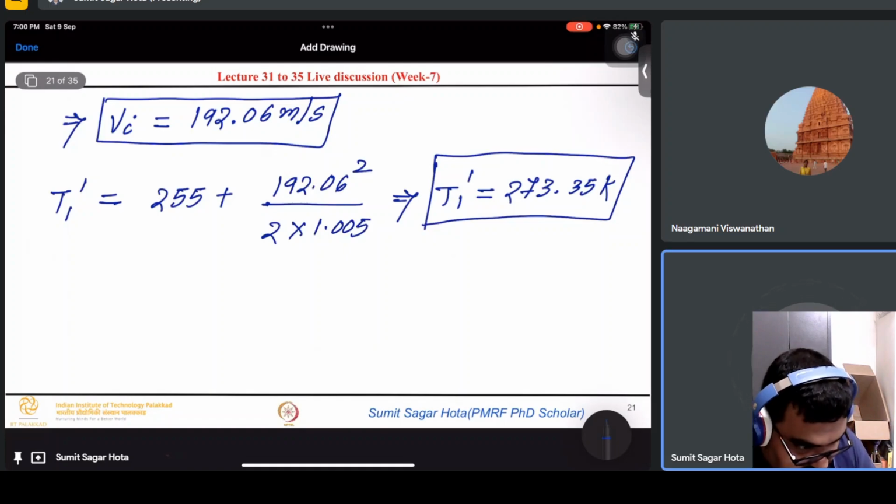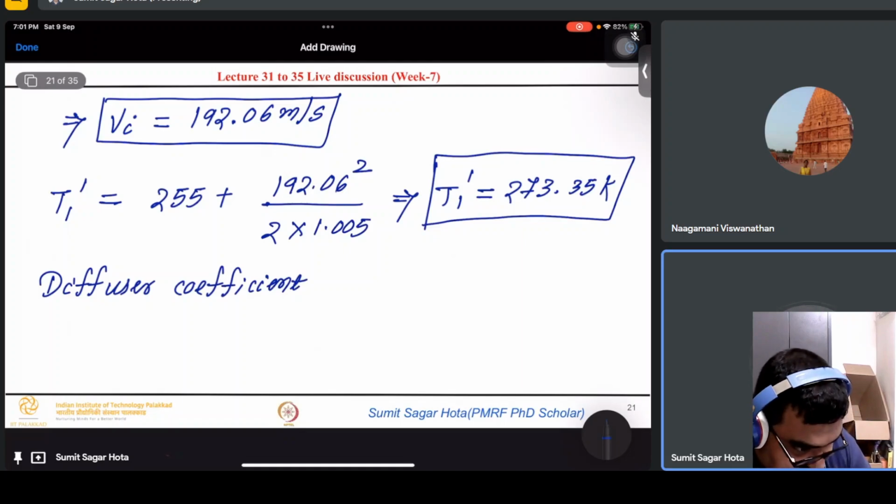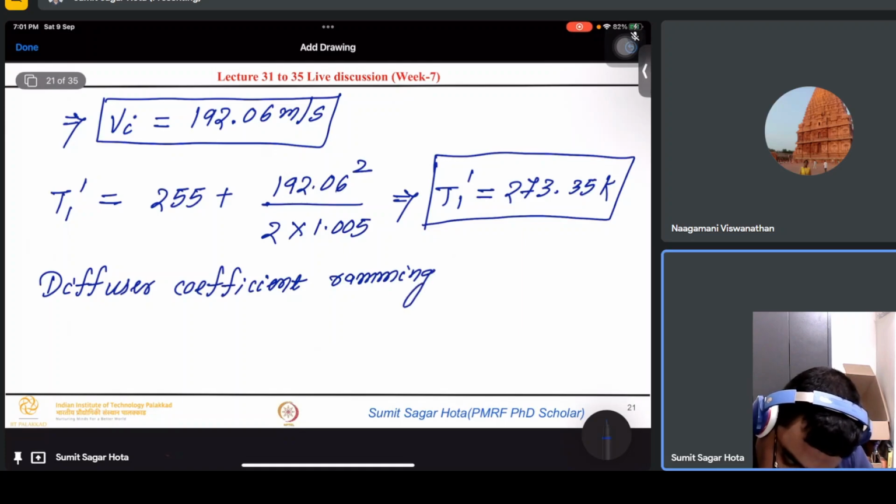Now in the question, one very good thing is mentioned: diffuser coefficient, ramming efficiency. Here it's not directly written as ramming, so you can write down diffuser coefficient, ramming efficiency.